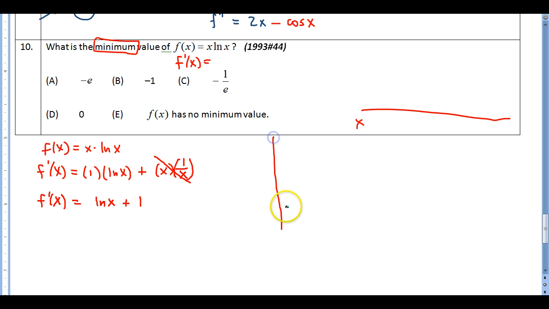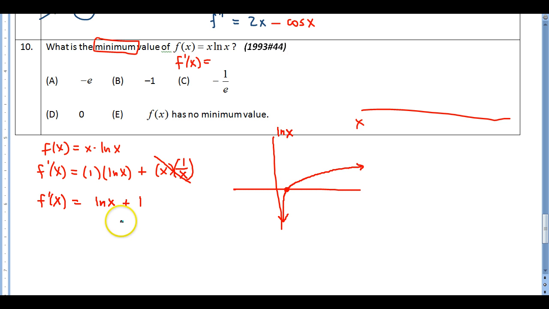So let's think about this. Ln of x looks like this. It has a key point at (1, 0), and natural log looks like this. It has an asymptote right here, and then it moves up like that.